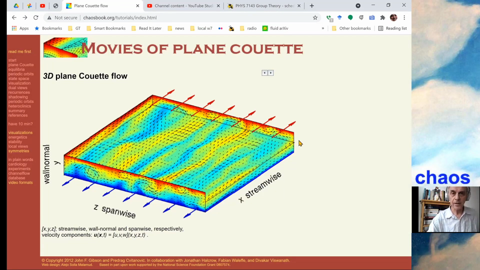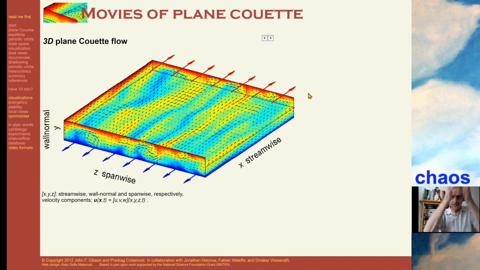So what's shown here is not the experiment, it's a numerical simulation. But it's the same thing. So this is now sideways rather than vertical. That just has to do with building the machine. But the basic thing is that at every little volume of the fluid, there's a 3-dimensional vector of which 2 components are plotted here.